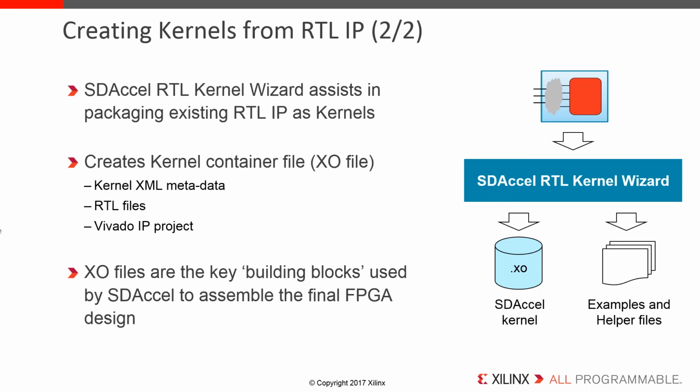Just like C code can be compiled into .o object files which are later linked to produce the final executable, kernels can be packaged as .xo files which are later linked to produce the FPGA design. The XO files are effectively the key building blocks used by SDAccel to assemble the FPGA design.